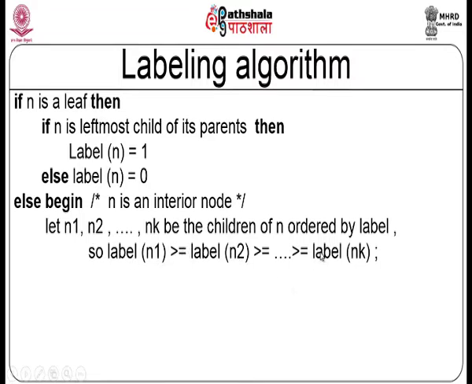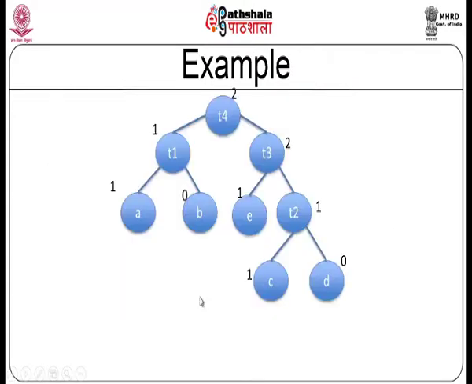So, the left will have a greater value compared to its sibling. Label of n is equal to max of label of ni plus i minus 1. This is what we said. So, this is incrementing by 1 or finding out the max. In that case, this is a leftmost child.